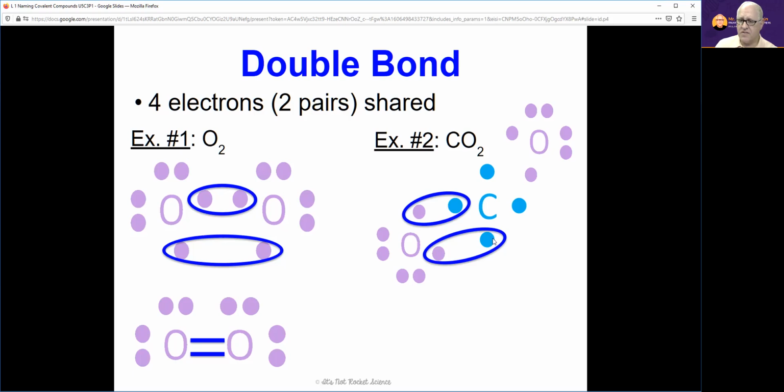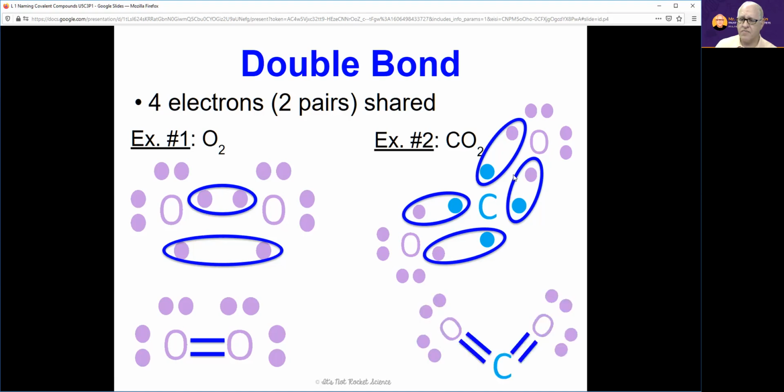And I have 8. Now we're going to share these 2 and these 2. And this makes a double bond because there are 2 pairs being shared. And we can illustrate it with this kind of illustration on the bottom here.